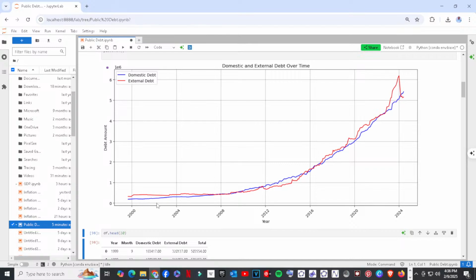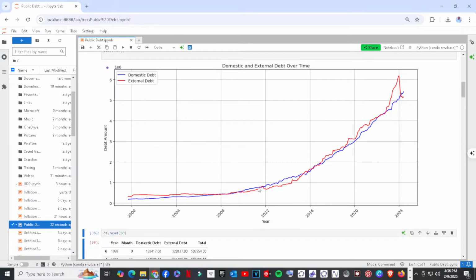We realize that there was a point in time where the government was borrowing more domestically, between the period of 2008 and 2012. At this time, the curve shows us that the government borrowed more domestically than externally.